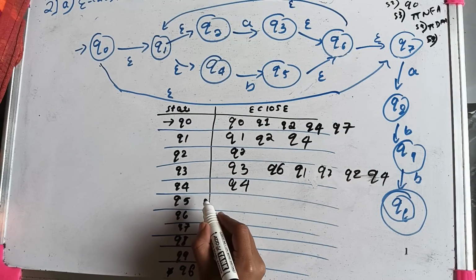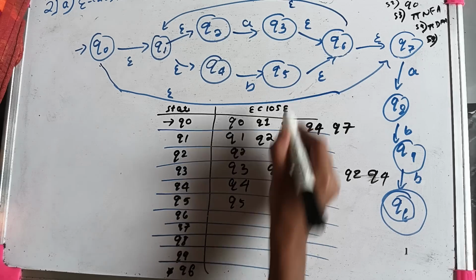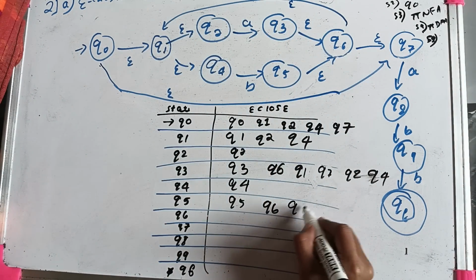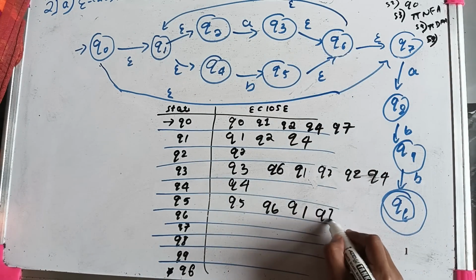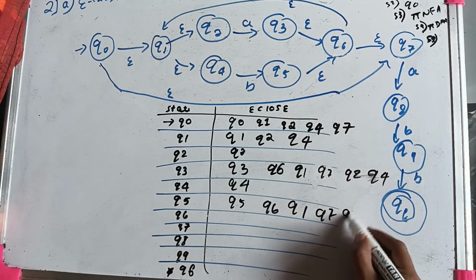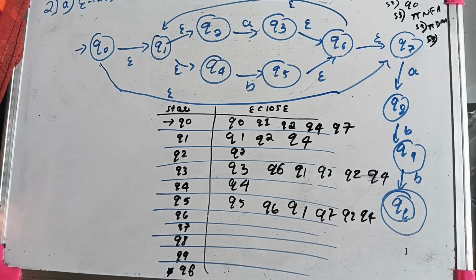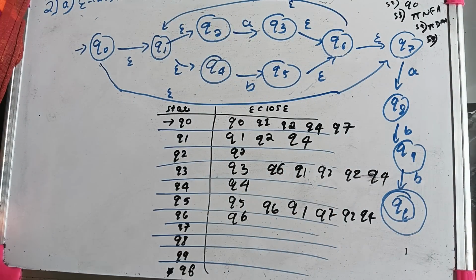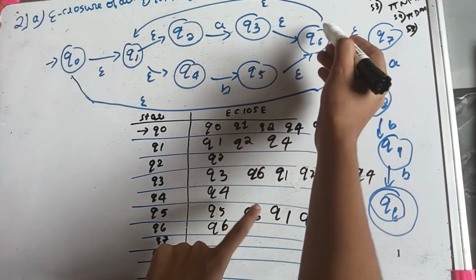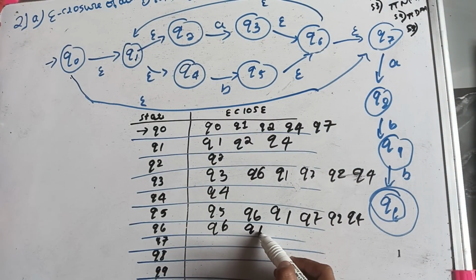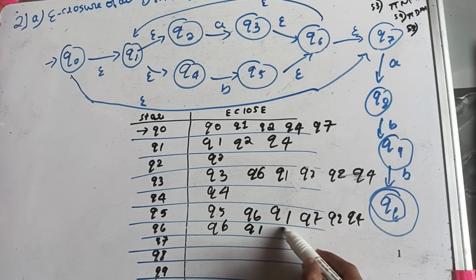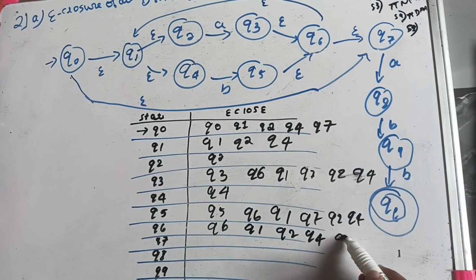Next q5 itself. Next q6 goes to q1 and also it goes to q7, and here q1 goes to q2 and q4. Next q6 itself, after that epsilon goes to q1 and from q1 again q2, q4, and also it goes to q7.